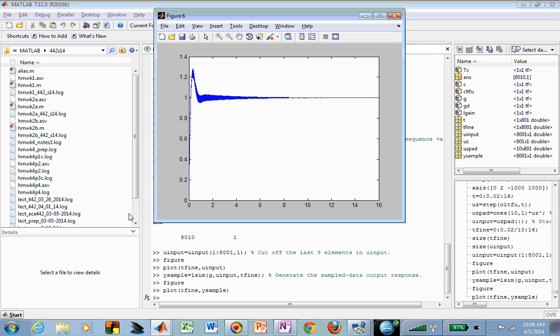And there is now my response with the inner sample ripple.